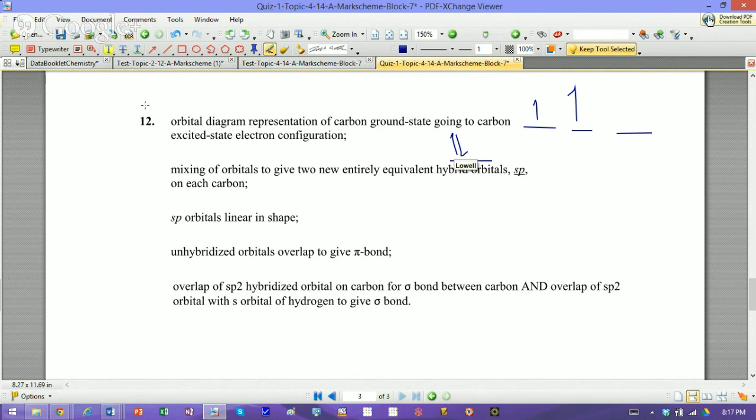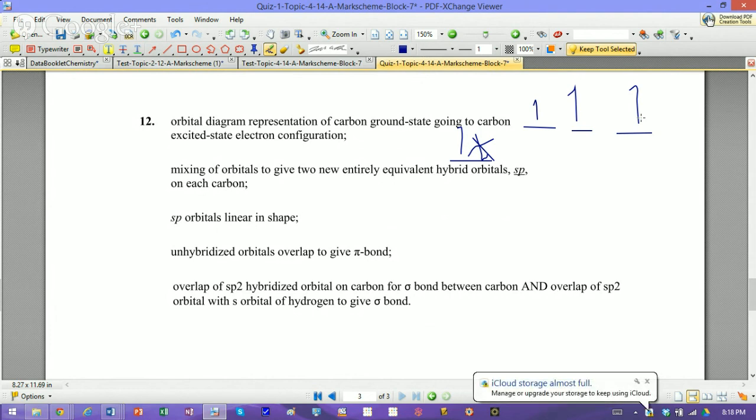Carbon has 2s2, 2p2. I'm going to try to make these electrons far enough apart. Nope, didn't happen. This second electron has to be excited in order to spread out so that it can fill the hybridized orbitals and the unhybridized p orbitals. Those electrons have to spread out.